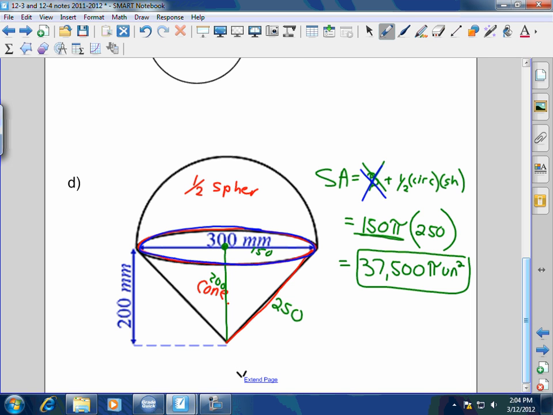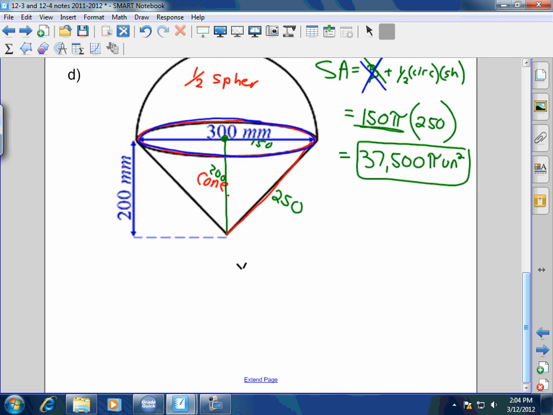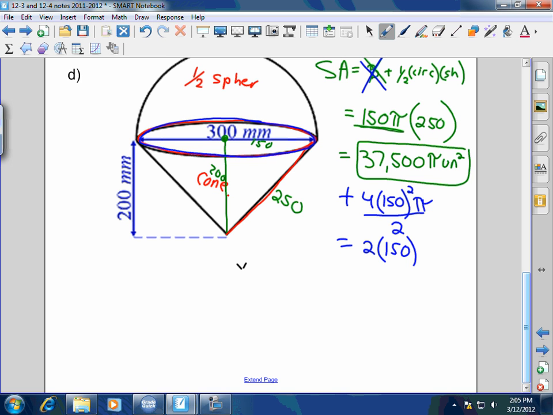Okay, hold on. That's just the cone. Now, we got to do the half sphere. So the half sphere is going to be 4 times 150 squared, right? Pi, correct? Divided by 2. So this is going to be 2 times 150 squared pi.